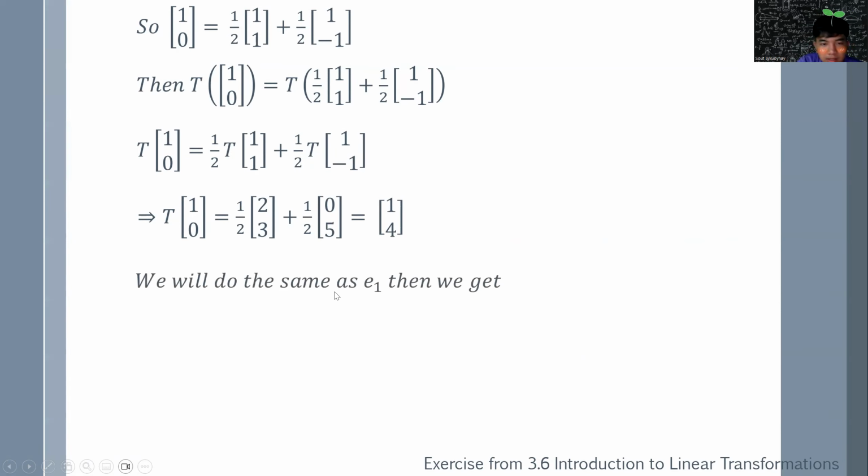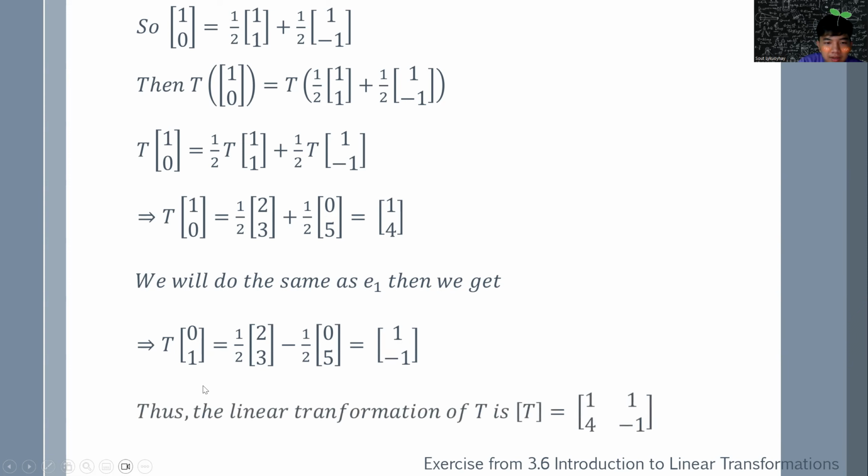We do the same with e2, then we get T(e2) is (1, -1). And then the final answer for the linear transformation T is the matrix with columns (1, 4) and (1, -1).